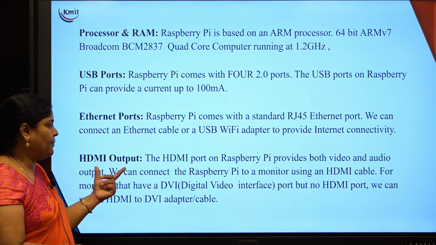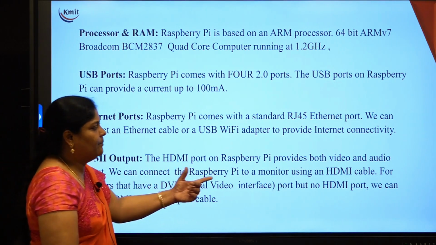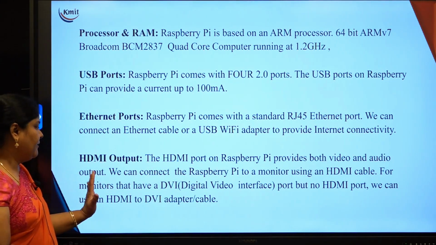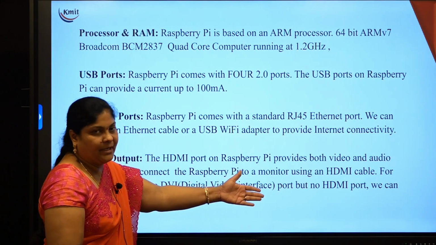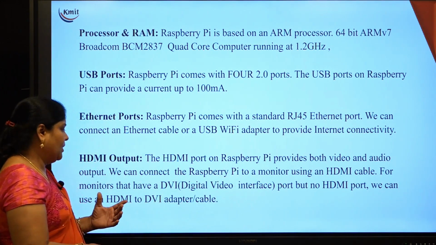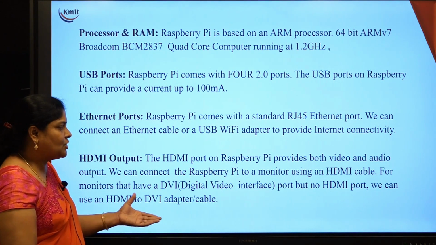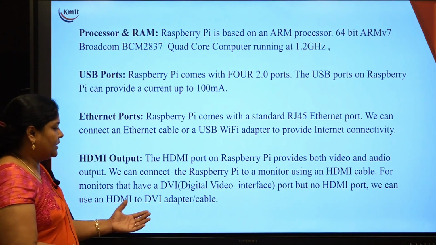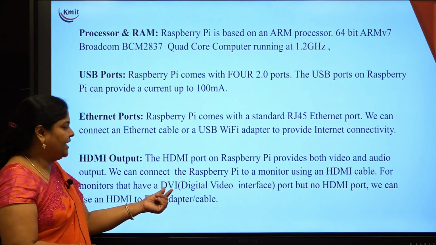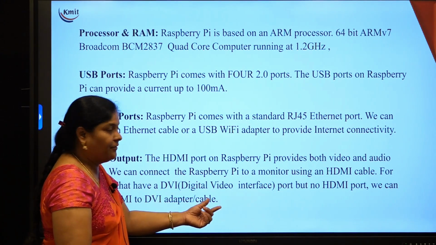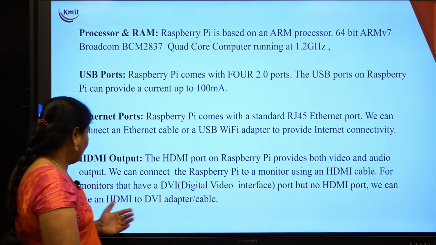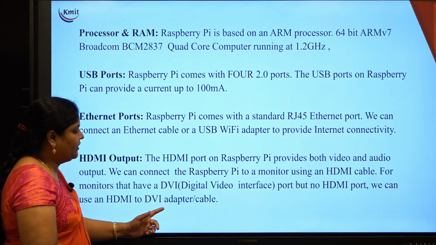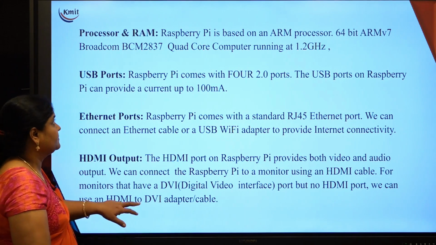Next, HDMI port. HDMI port on Raspberry Pi provides both audio and video output. So, we can connect the Raspberry Pi to a monitor using this HDMI cable. Suppose the system does not have an HDMI port, that means you are having a port like DVI, digital video interface. So, for this type of systems, you can use HDMI to DVI adapter cable.